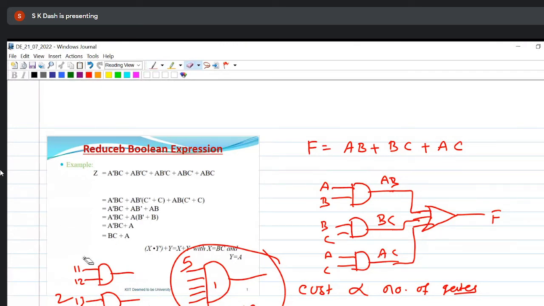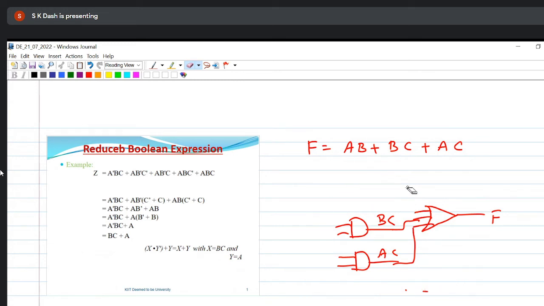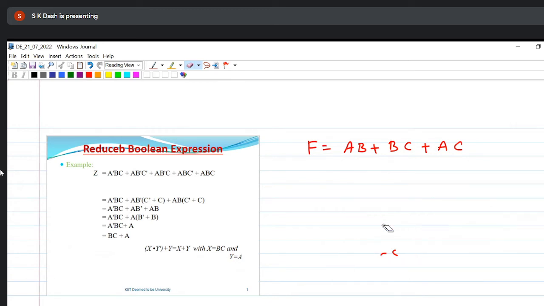So what we need to do is always try to reduce the expression. Whatever Boolean functions are given, we'll try to reduce the expression. If we are able to reduce the expression, then less cost will be required to implement the circuit. So with the help of the theorems we studied, we will be able to reduce the expression better.